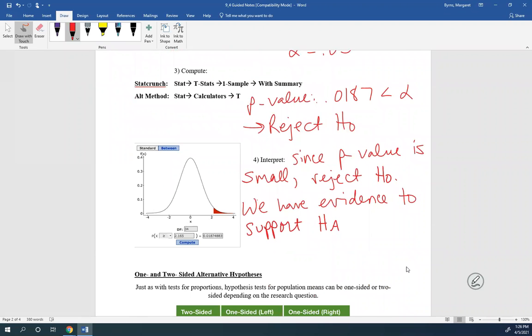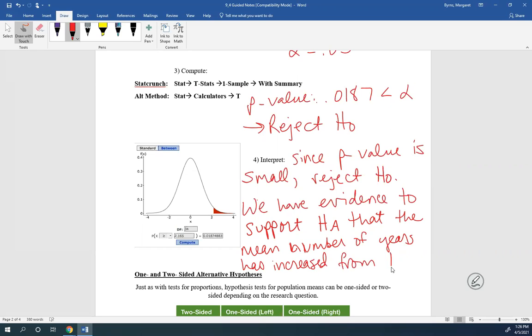That's what we're going to say. Support the alternative that the mean number of years has increased from the 14.3.